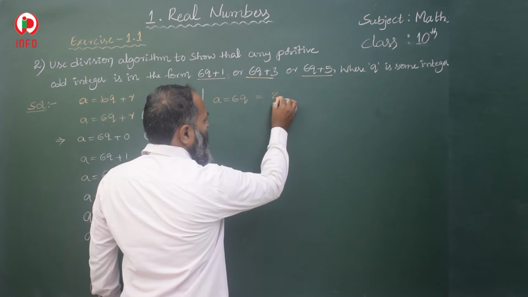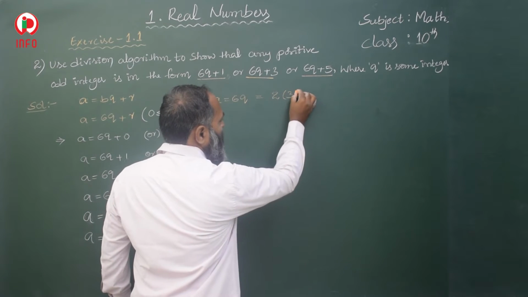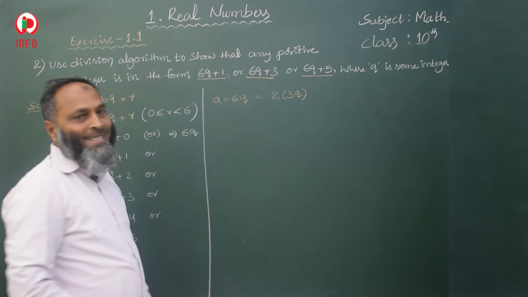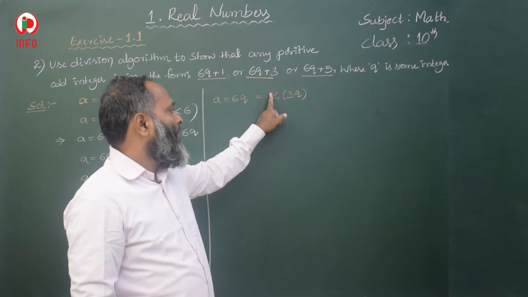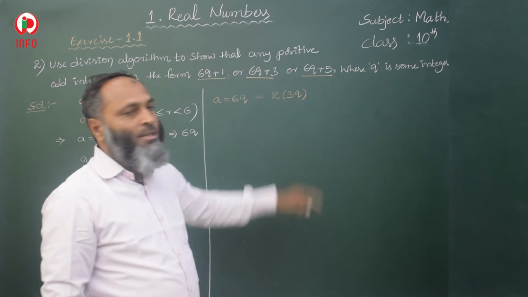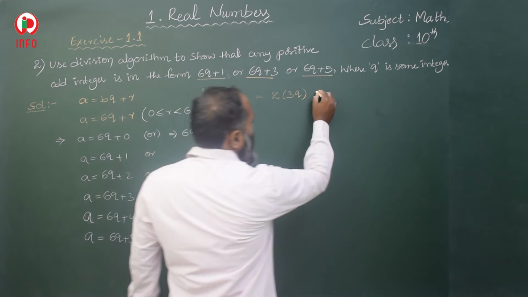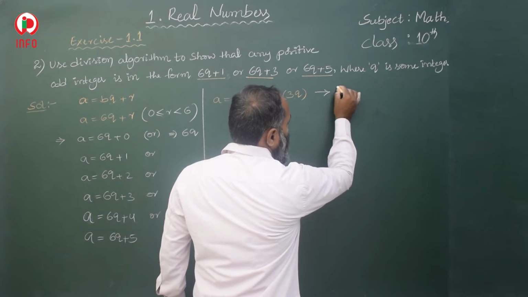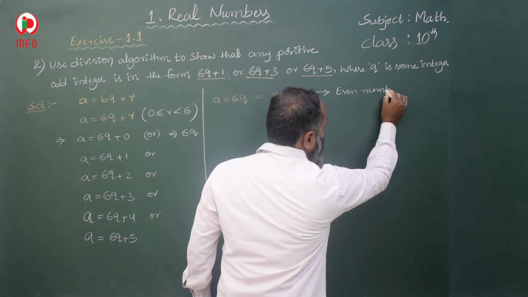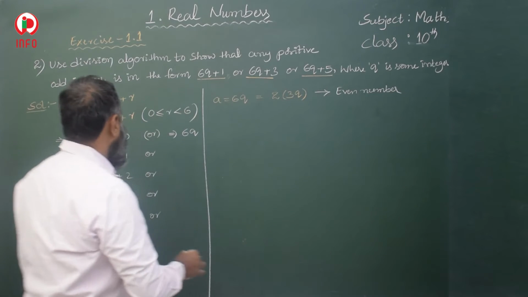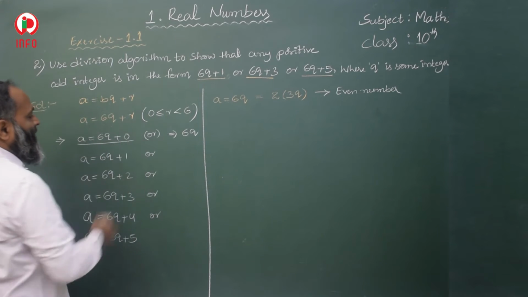That is 2 into 3q. 2 3s are 6, so you can take 2 as a common. This is a multiple of 2, and multiples of 2 are even numbers. This is an even number. So the first one is over, about a is equal to 6q.